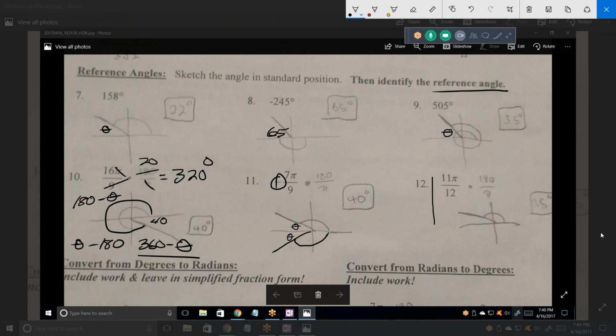That is one of the few times in math you can make an error and still get the right answer. In other words, that's either minus 140 degrees, which is what it's supposed to be, but even if you use 140 degrees, you get the same reference angle. Reference angle is the angle made with the x-axis. So that theta is the same as that theta, and they're both 40 degrees. However, you might have lost a point on this one. Just didn't draw it going clockwise instead of counterclockwise.